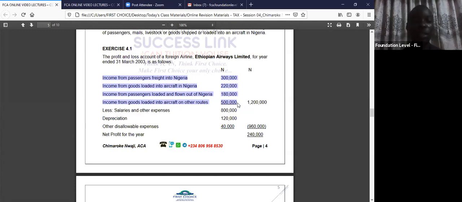Shehu and Tracy, go to the Zoom chat room and give me the figures that are Nigerian income. I'm waiting for you. I believe both of you can see my screen. So give me either figure or figures that are Nigerian income.